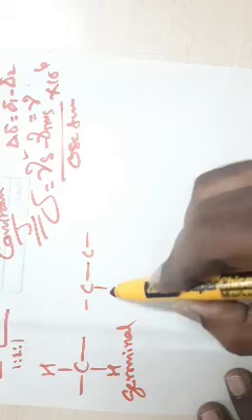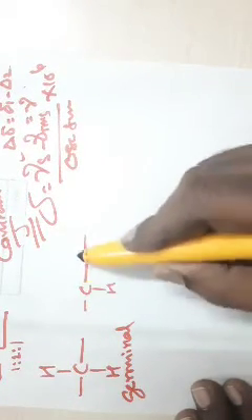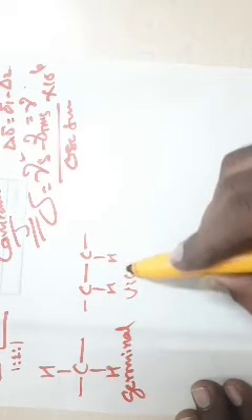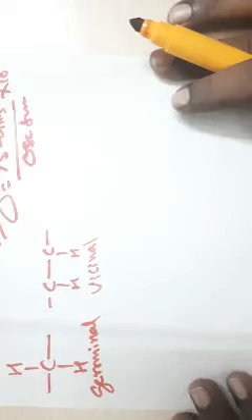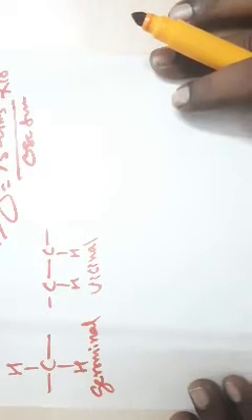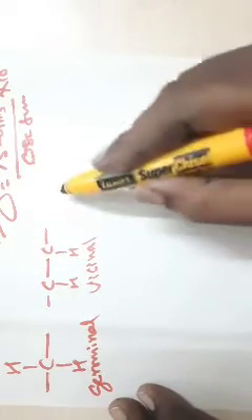And suppose the protons are attached to adjacent carbons, like this. These are your vicinal protons. You understand what a geminal proton is and what a vicinal proton is.